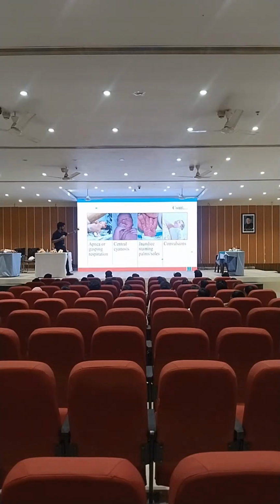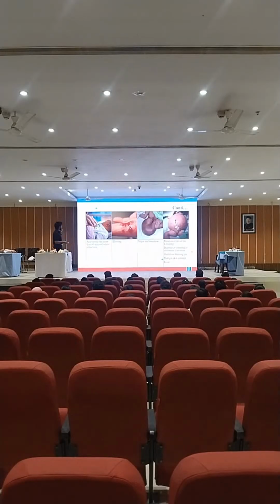Jaundice with staining of palms and soles. Okay, jaundice will be present, palms and soles will be stained. Which color? Yellow color. And they will have episodes of convulsions. Okay?